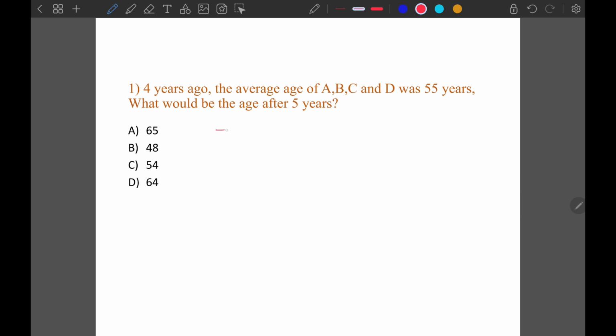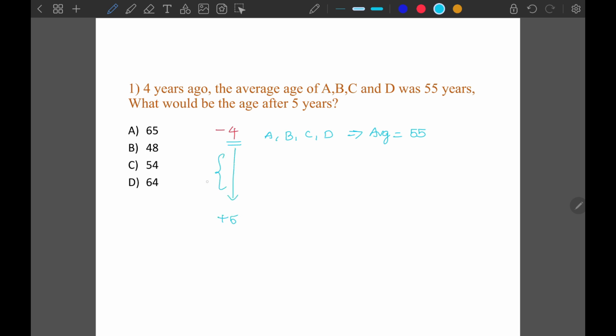Okay, 4 years ago, the average age of A, B, C is 55. Average equal to 55 years. Remember, it is before 4 years. What will be the age after 5 years? So, plus 5.